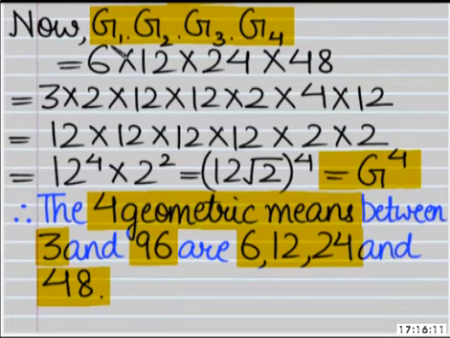Also, we have proved that the product of four geometric means between 3 and 96 is equal to the fourth power of the geometric mean between 3 and 96, which is the required solution.